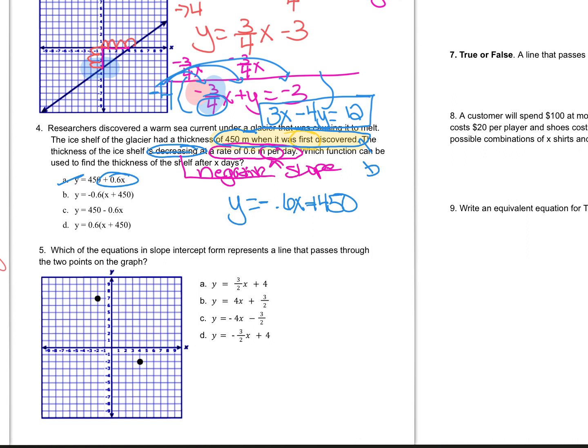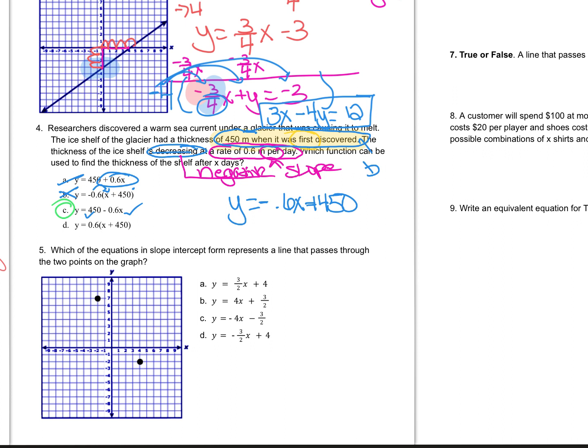So even if you wanted to convert it into slope-intercept form and you can distribute, the slope would be good, but not your y-intercept. So B is not correct. C, y equals 450 minus 0.6x. Well, I have a negative slope. I have a y-intercept of 450. Well, that one looks good.